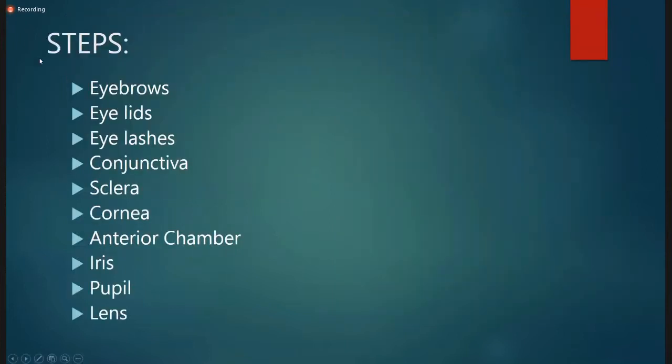So systematically, you should examine the eyebrows, then eyelids, then eyelashes, conjunctiva, then sclera. Then start from the cornea, then the anterior chamber, which lies posterior to the cornea, then iris, then pupil, and last the lens.